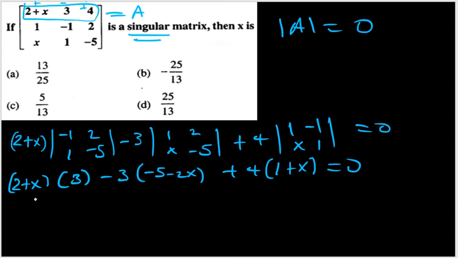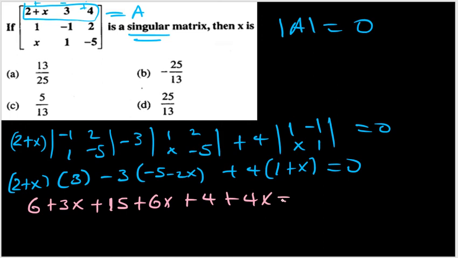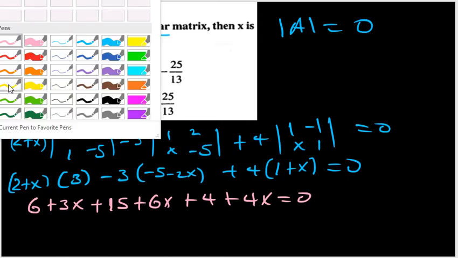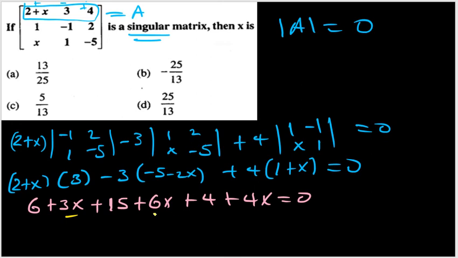This means 6 plus 3x, 3 will multiply each of them, plus 15 plus 6x, plus 4 plus 4x, which is equal to 0. Then let us add the like terms: 3x plus 6x is 9x, plus 4x is 13x, and the constant 6 plus 15 is 21, plus 4 is 25, plus 25, which is equal to 0.